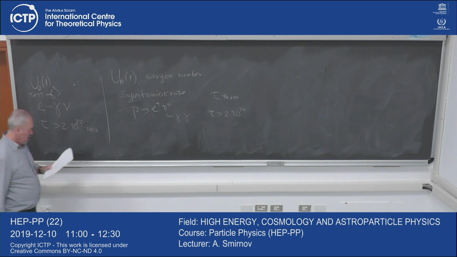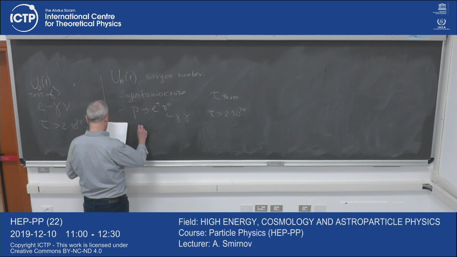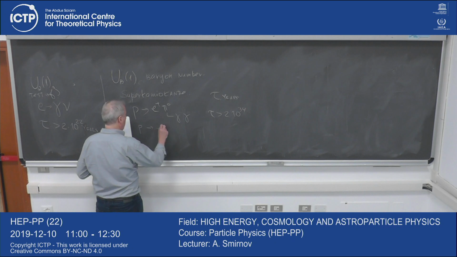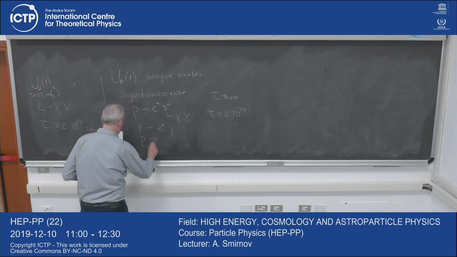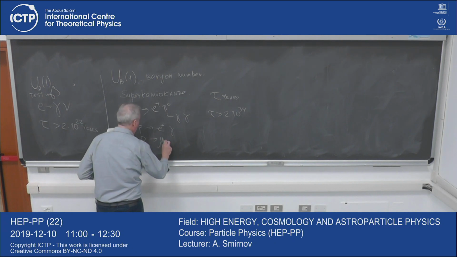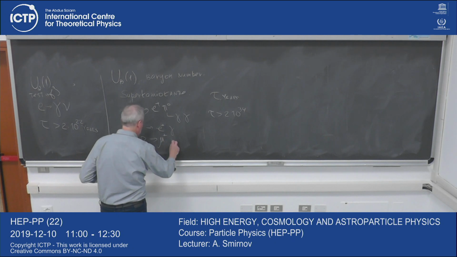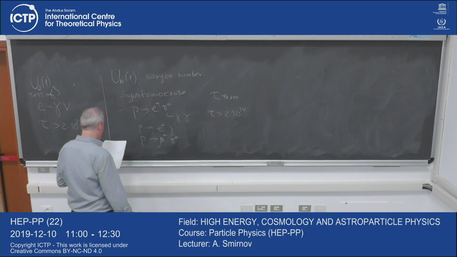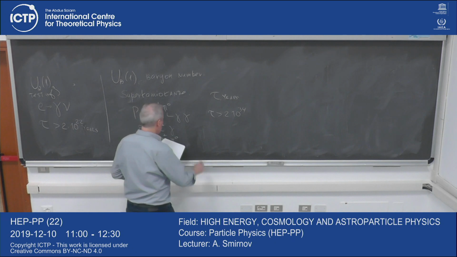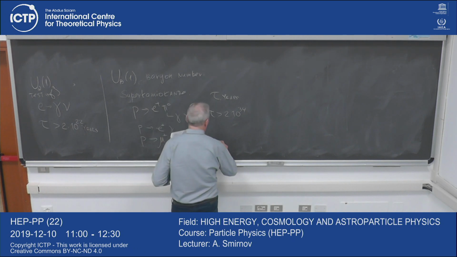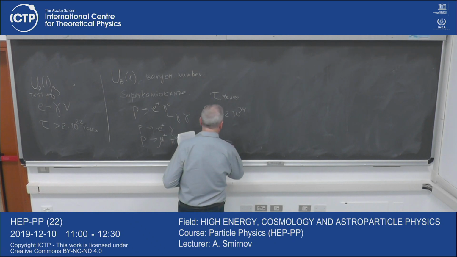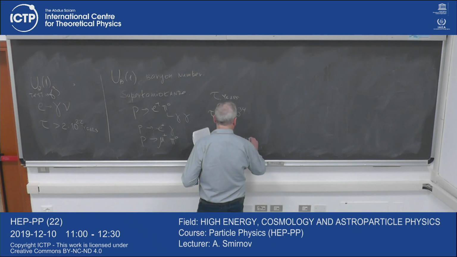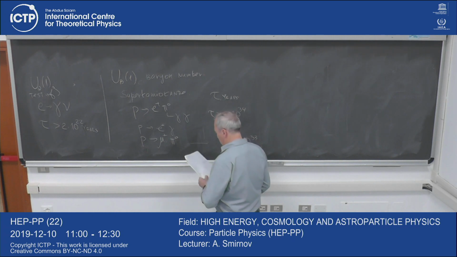Other modes are, for instance, proton going to positron and gamma, or proton going to mu plus and pi 0. For this decay, the bound is slightly weaker: tau is bigger than 8 times 10 to the 33 years.